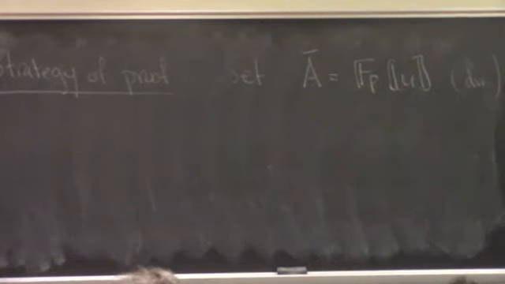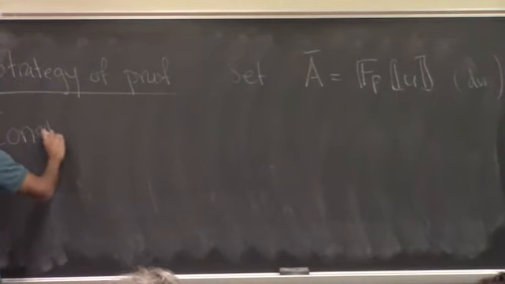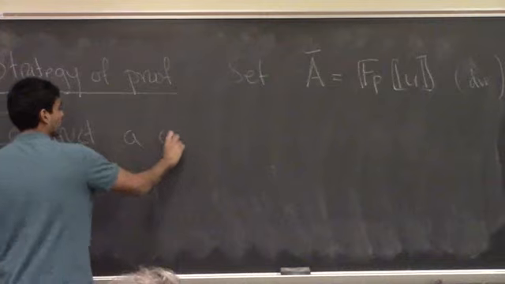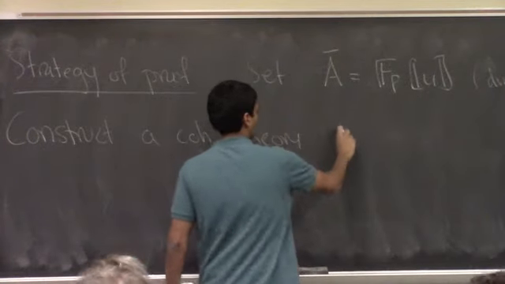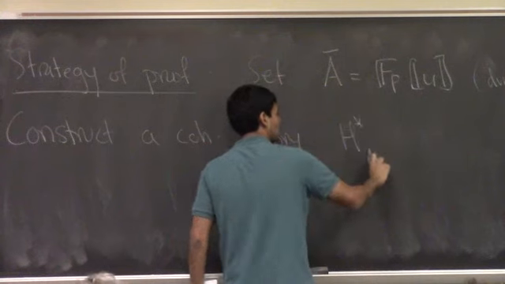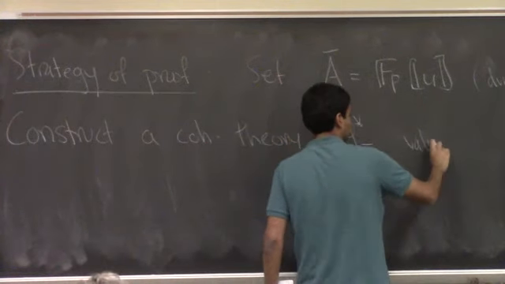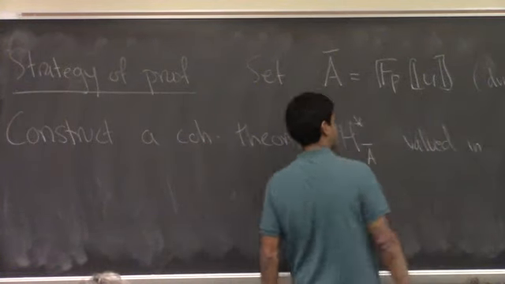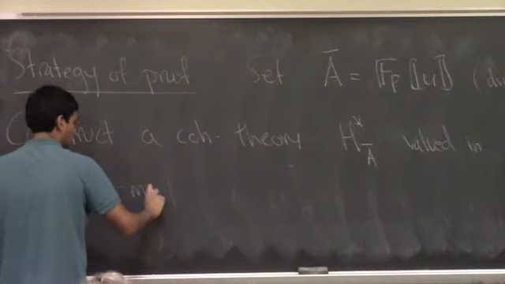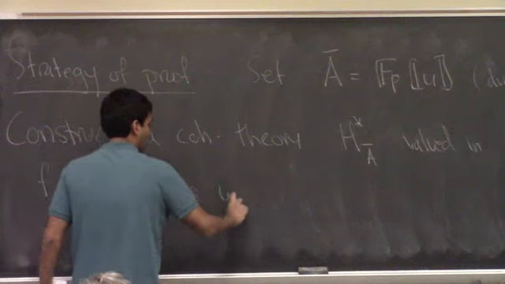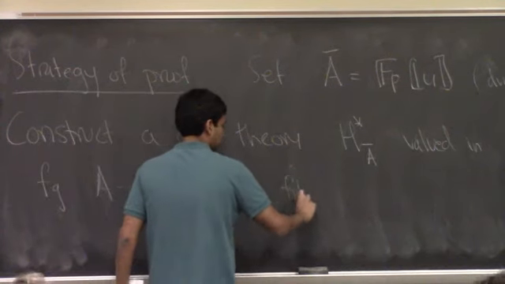And so the strategy is to construct a cohomology theory with coefficients in A bar. So this is valued in finitely generated A bar modules, with the following two properties.